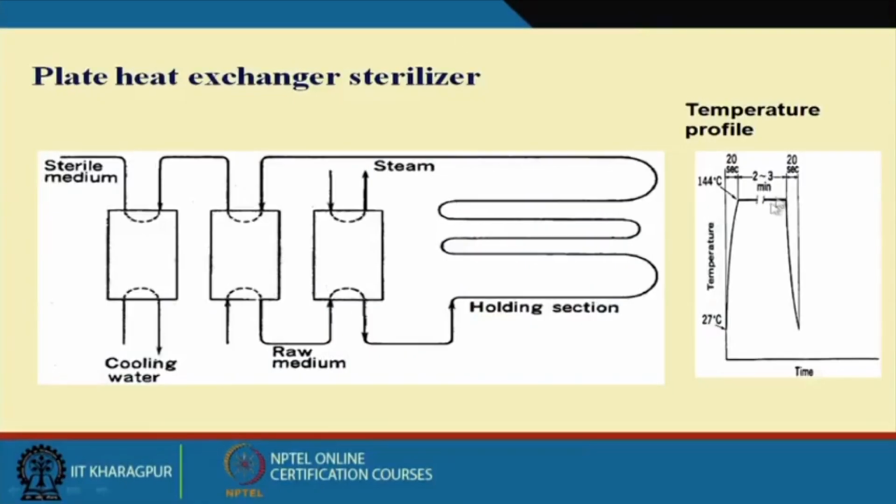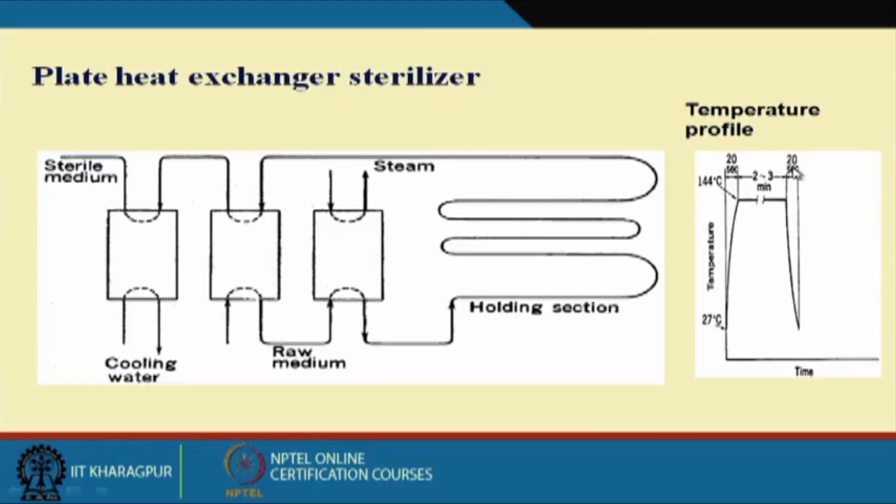Now here I have given you the temperature profile. Here you see that when your raw media is coming, it requires some time for partial heating, and then it is heated to 140 degrees centigrade. So you require some time, about 20 seconds is required for heating purpose, then 2 to 3 minutes for holding, maintaining the temperature at 140 degrees centigrade, or here they have mentioned 144 degrees centigrade.